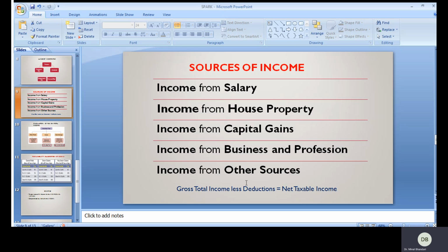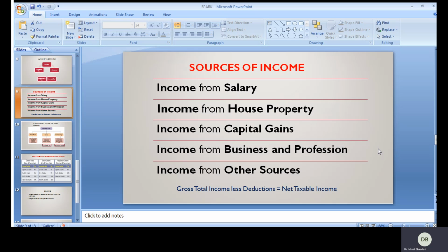Now we know what we mean by assessee. An assessee is the person who is liable to pay tax, and the person includes different categories like an individual, any partnership firm, joint stock company, Hindu undivided family, an association of persons, body of individuals, any local authority, and every artificial juridical person. Income tax is a tax on income, and that is why we need to identify the different sources of income.